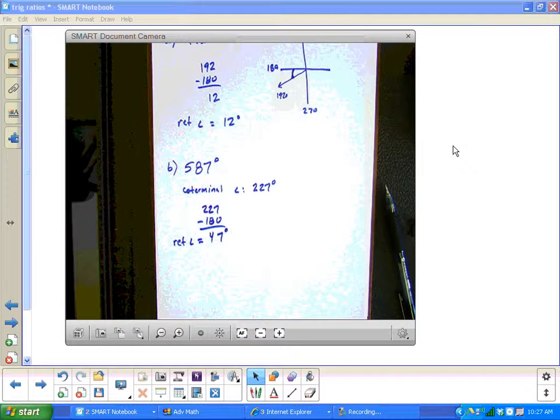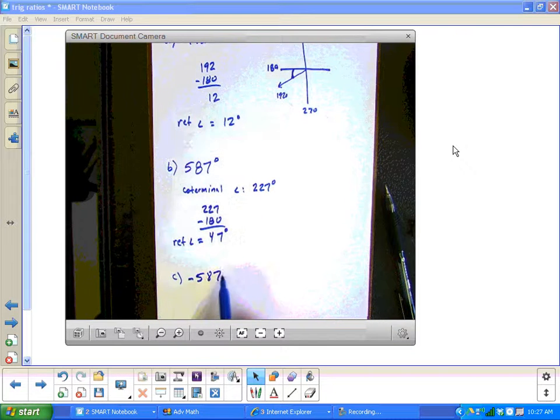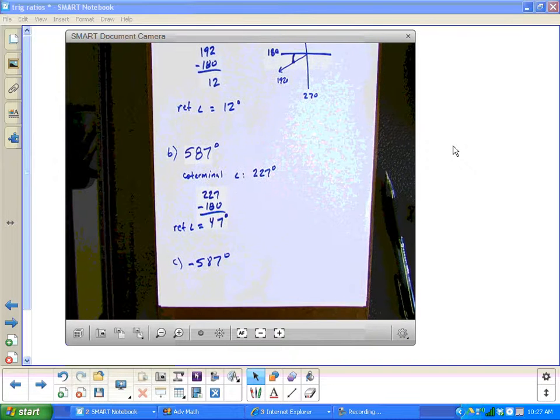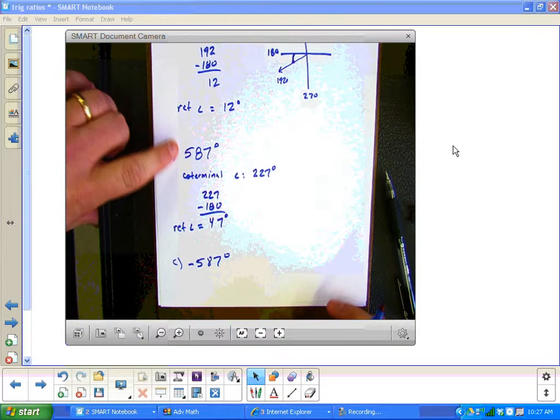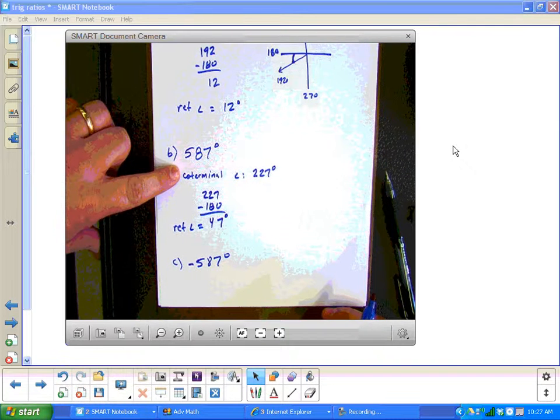Now, let's do another one. Let's find our reference angle for negative 587 degrees. If your directions say to, I don't remember if it says to or not. Okay. Now, if we did, we would say, in this case it was second, in this case it was also second.